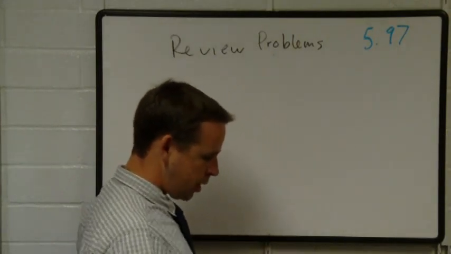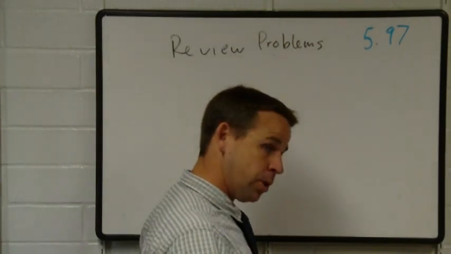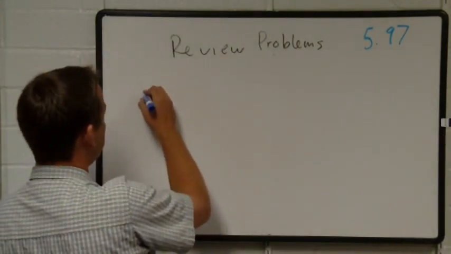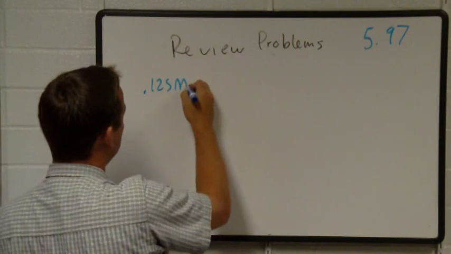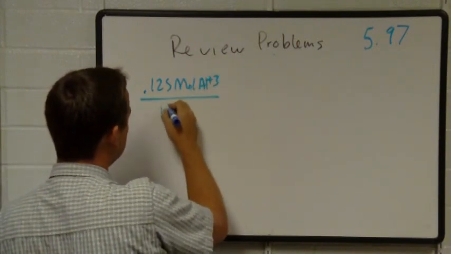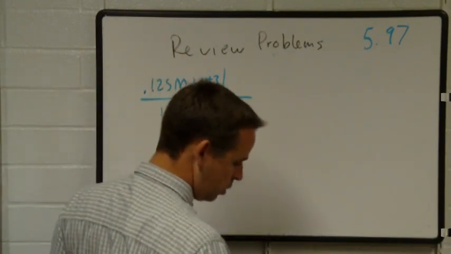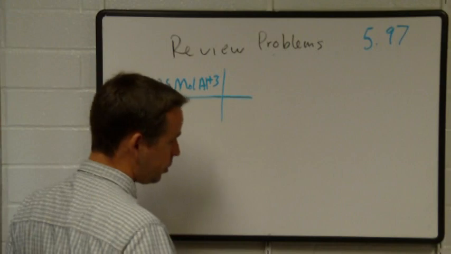So there's 0.125 moles per liter of aluminum. So write this one down, 0.125 moles of Al3+ for every 1 liter of solution, right? And we want to know how many grams of aluminum sulfate that is.